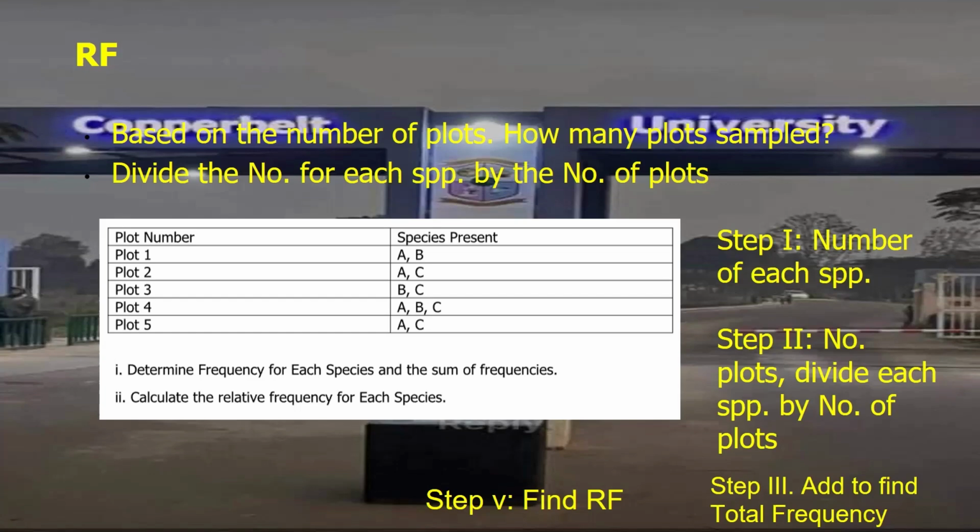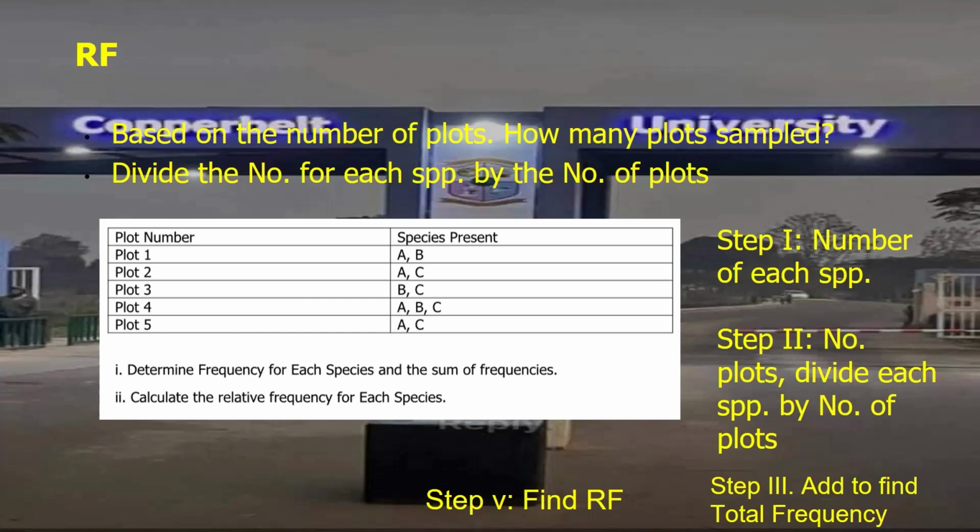So under step 3, we've added the frequency for species A, which is 0.8, the frequency for species B, which is 0.6, and the frequency for species C, which is 0.8. So 0.8 plus 0.6 plus 0.8 is giving us a total frequency of 2.2. I hope you are following. Now, the final step is to calculate the relative frequency. For each species, relative means how does this frequency for this species relate to other species?